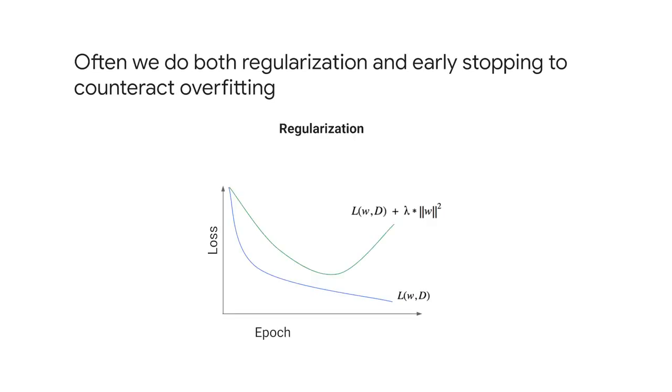To counteract overfitting, we often do both regularization and early stopping. For regularization, model complexity increases with large weights. And so as we tune and start to get larger and larger weights for rarer and rarer scenarios, we end up increasing the loss, so we stop. L2 regularization will keep the weight values smaller, and L1 regularization will make the model sparser by dropping out those poor features.